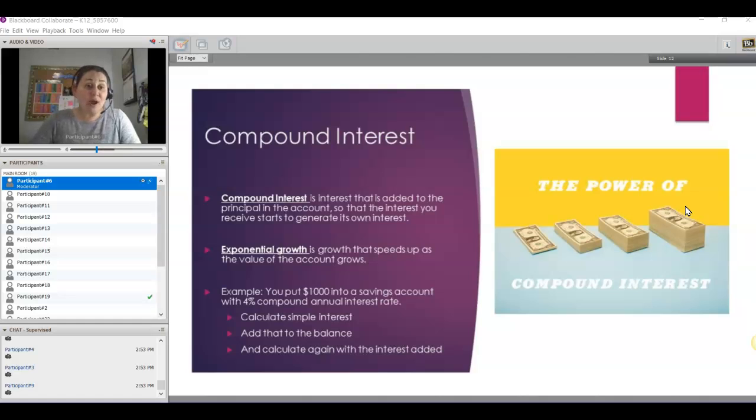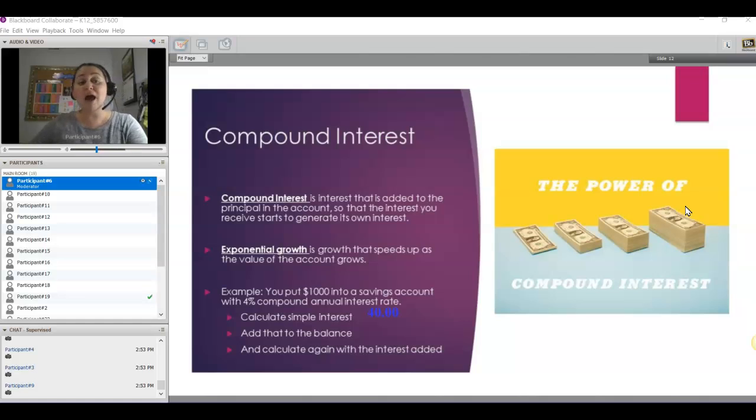So in some ways, having compound interest is better than simple interest because you can make more money with compound interest. Here is an example. You put $1,000 into a savings account with 4% compound interest. With that, you make $40 in interest. So your balance after a year would be $1,040.